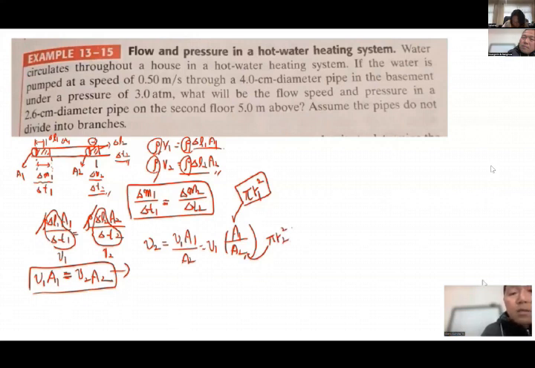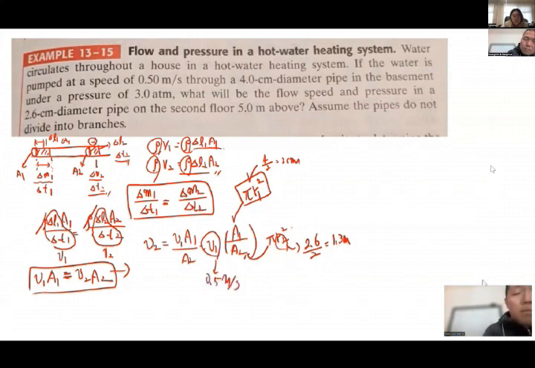So R1 here is half of the diameter, so 4 centimeter over 2 is 2 centimeter. And R2 is half of the diameter at the second point, so that should be 2.6 over 2, which is 1.3 centimeter. And then v1 is 0.5 meter per second.